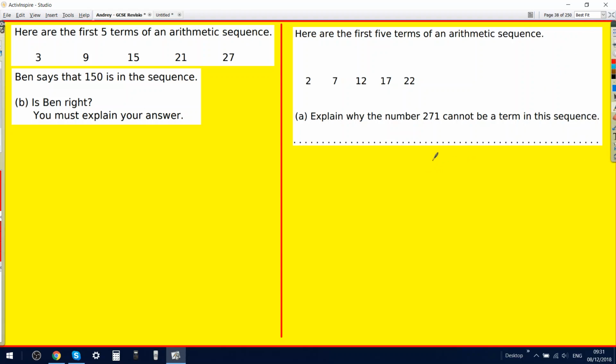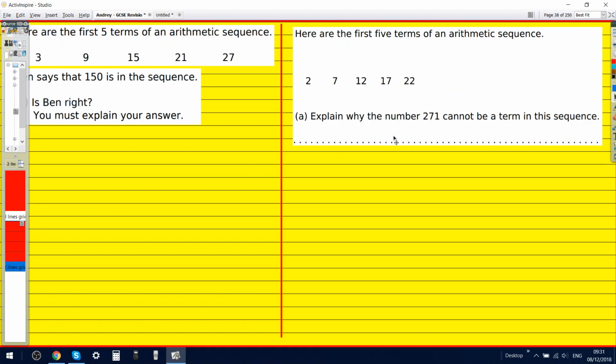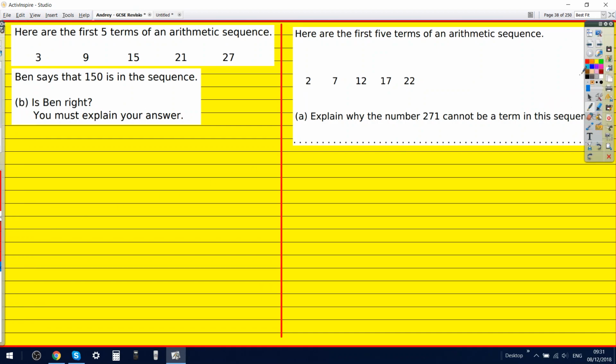Top left. So if I find the formula, which is 6n minus 3, I think. There's a simpler way for this one.